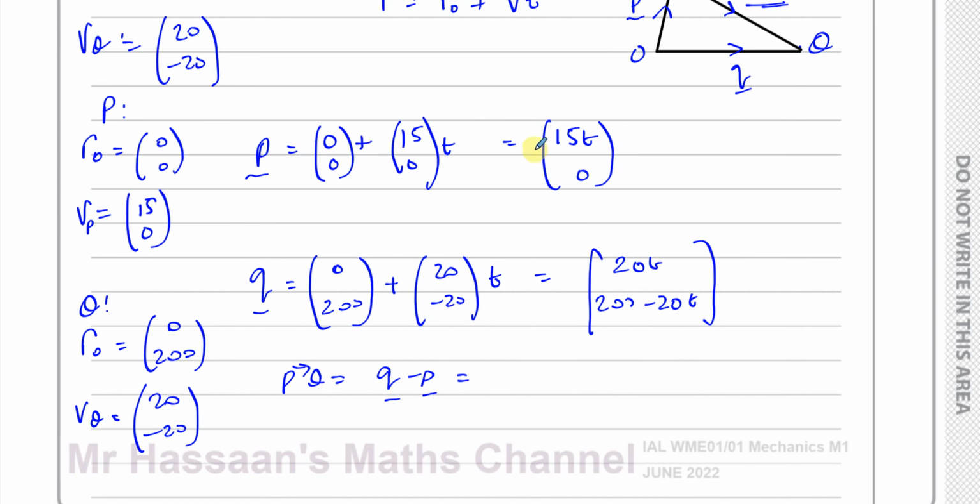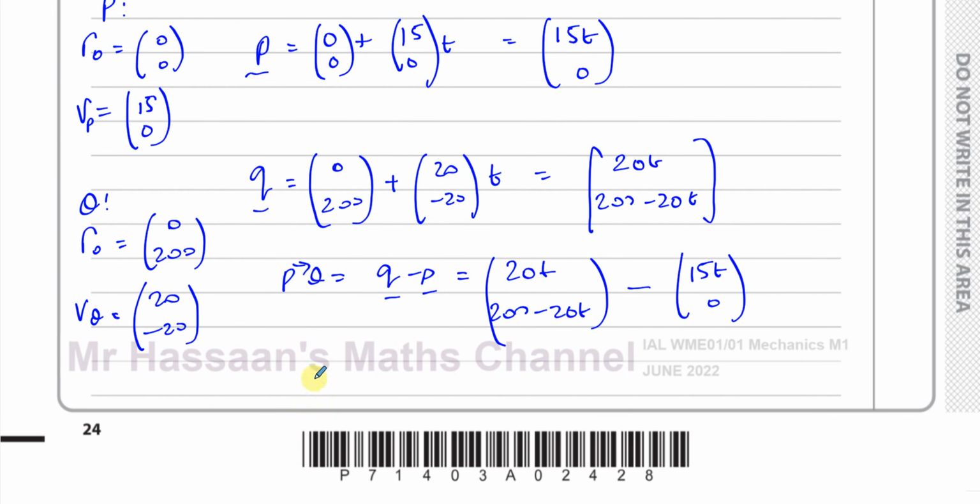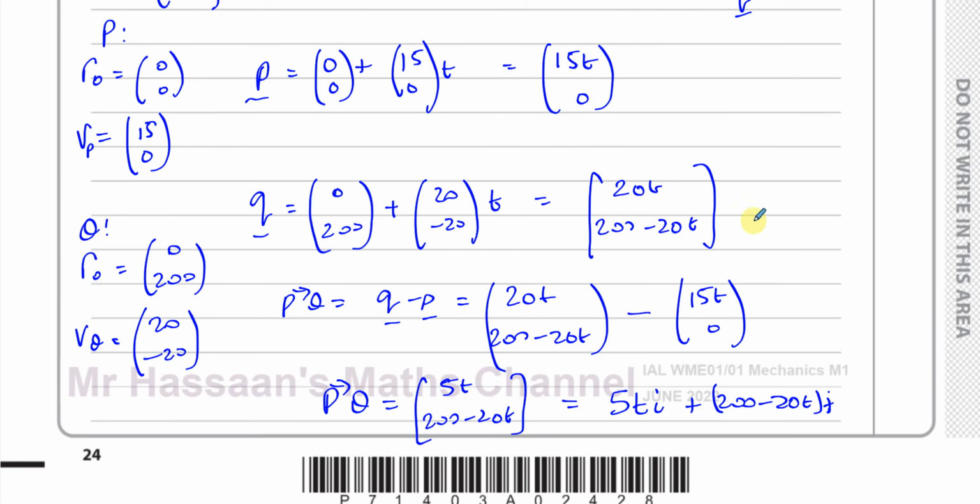So it's going to be these two vectors subtracted: 20t and 200 minus 20t, take away 15t, 0. If I work that out, the vector from P to Q is equal to 5t and 200 minus 20t, which in terms of i and j is 5t i plus (200 minus 20t) j, and that's what we had to show.